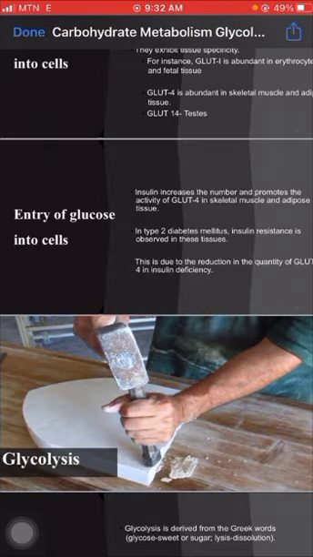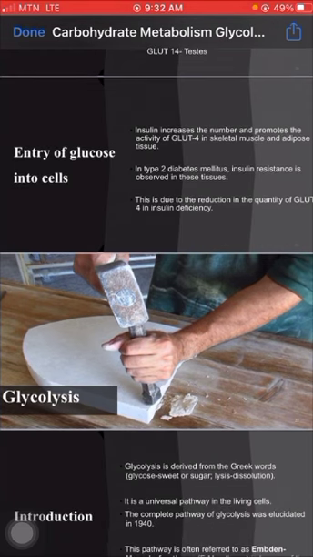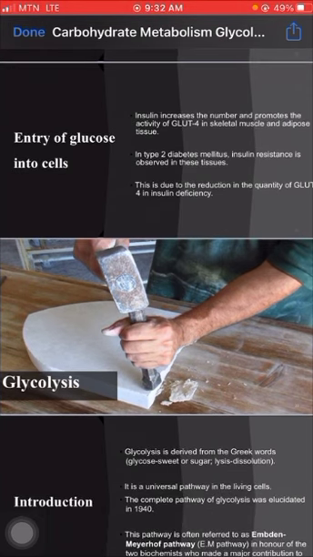The glucose transporter 4. And this is what happens in type 2 diabetes, because in type 2 diabetes, the receptors that receive the insulin become resistant to the insulin. They don't respond to what? Insulin. They don't follow the instructions of insulin.